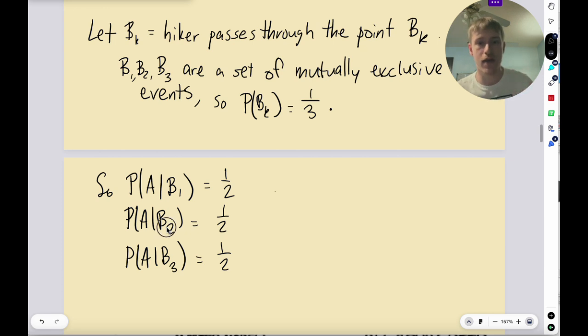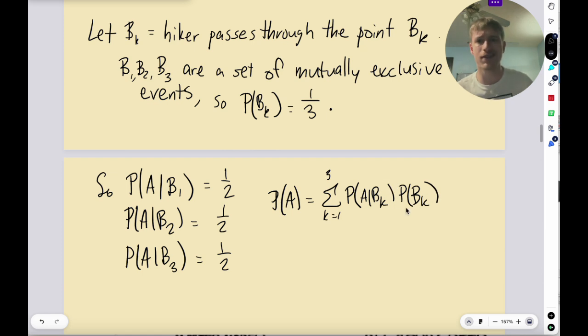Okay, so thus the probability of A, which is just the sum from k equals 1 to 3 in this case, of the probability of A given B sub k times the probability of B sub k. Well, the probability of B sub k is a constant because it's always 1/3, so I can kind of pull that out.